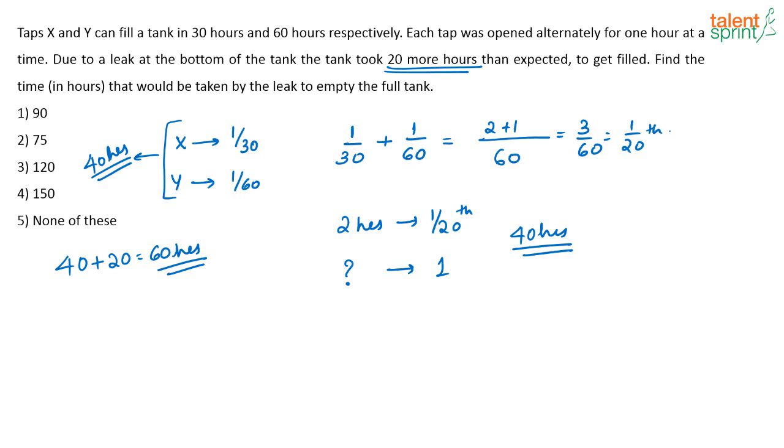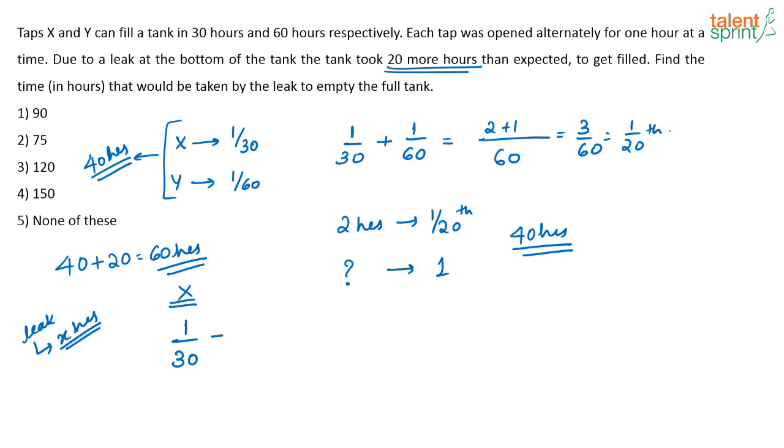When the tank is getting filled, what is actually happening? In the first hour, 1/30th of the tank is filled by pipe X, but at the same time there is a leak also which is emptying the tank. Now I am going to assume that the leak can empty the full tank in X hours.